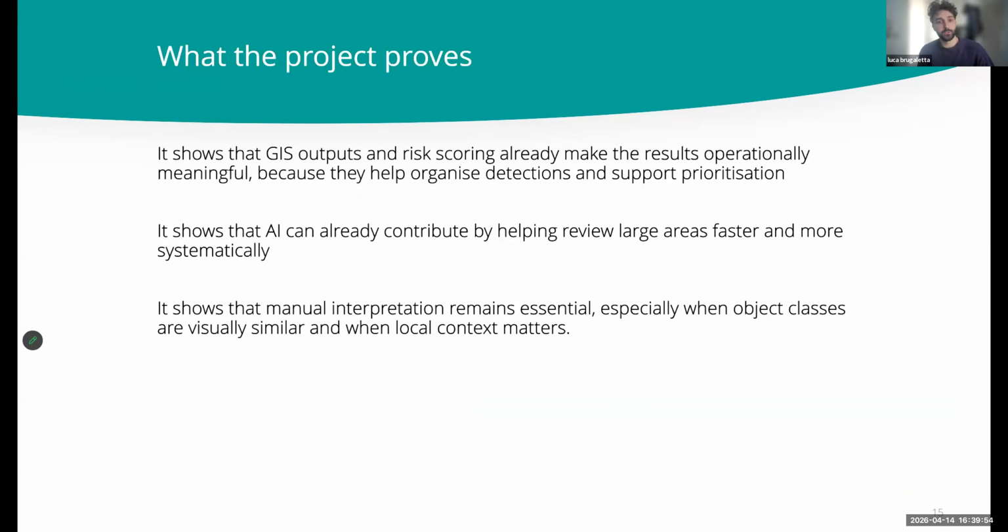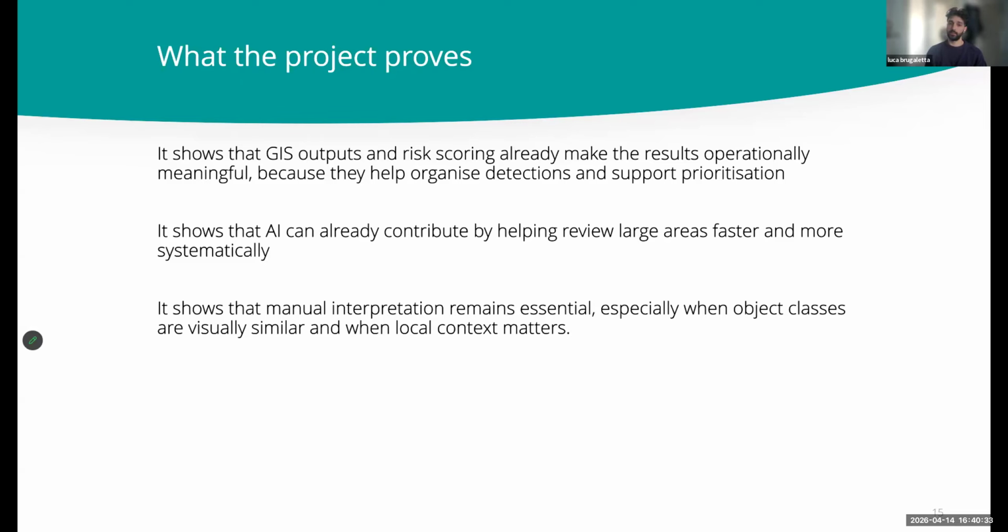And so, what the project can prove is that the GIS, the geographic information system outputs, and a simple risk scoring can already make the results quite useful because they help to organize the detection and support prioritization, so basically to know where to focus or where to look.